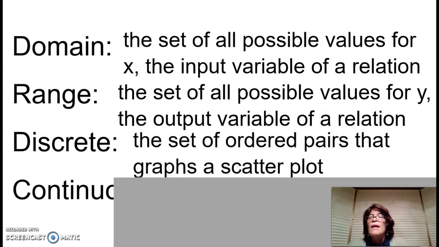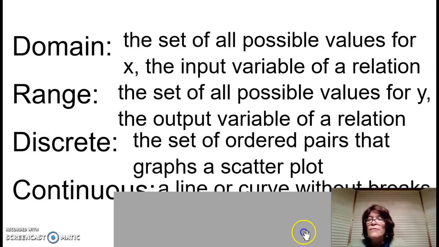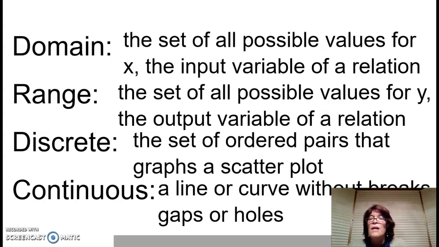If we have a discrete relation, it's just a set of ordered pairs. It ends up looking like a scatter plot. It's just a bunch of ordered pairs that are not connected. A continuous function or a continuous relation is a nice smooth line or curve without any breaks, gaps, or holes. All the points are connected.